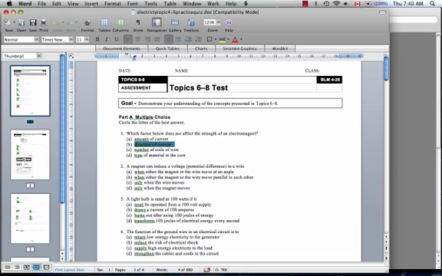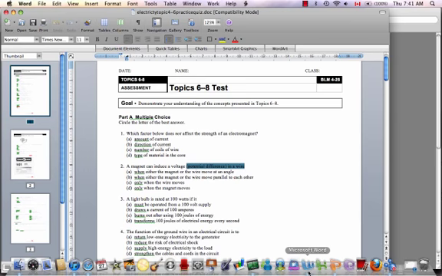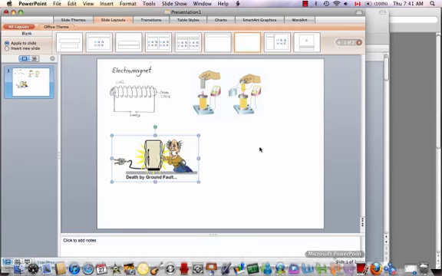Next, let's look at number 2. A magnet can induce a voltage in a wire, which is the potential difference. How does this happen? So the question is, how does a magnet create voltage in a wire? Basically, what they're talking about here is a generator. So let's go back to my pictures.